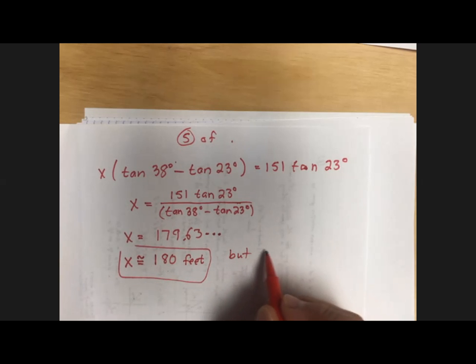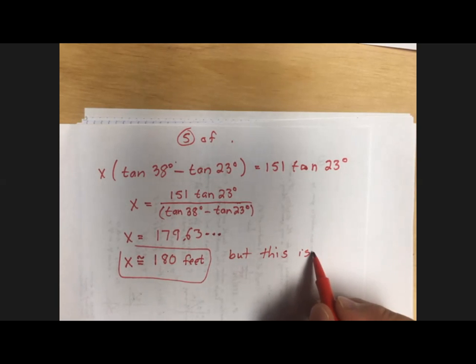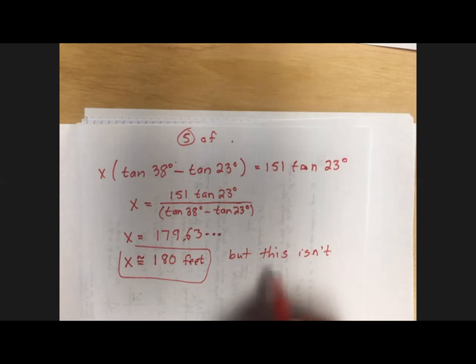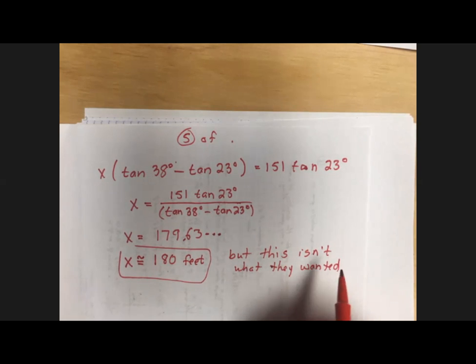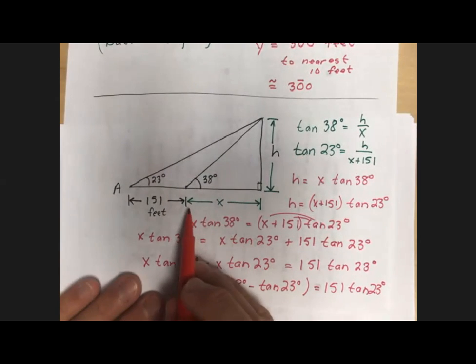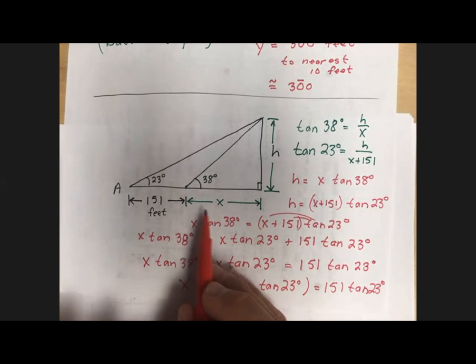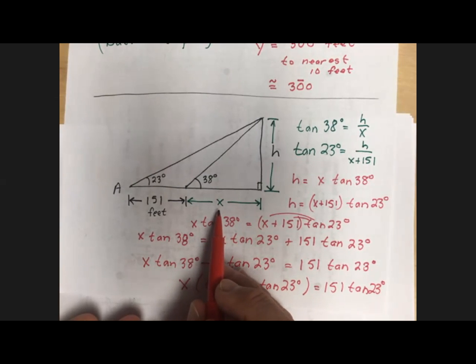But remember, this isn't the answer. This isn't what they wanted. So let me show you how to avoid another critical mistake. This distance is 179 and change, 180 feet roughly.